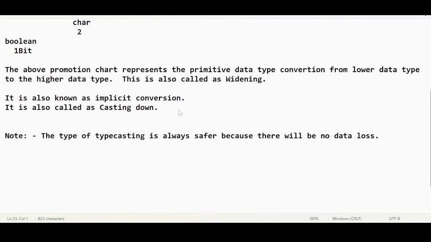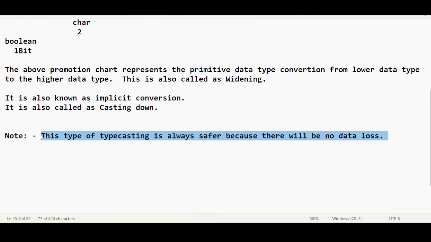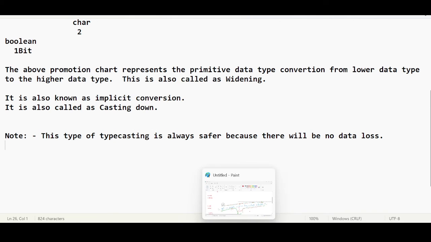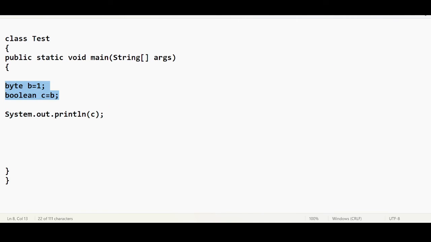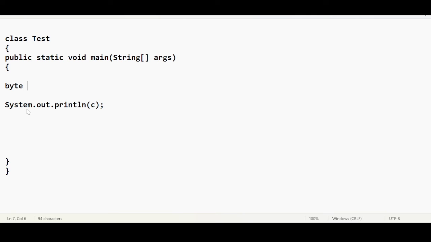It is always safe because there is no data loss. When I say this type of typecasting is always safe, what do I mean? Simple example: byte b equal to 100, int c equal to b. This 100 is going to remain the same.